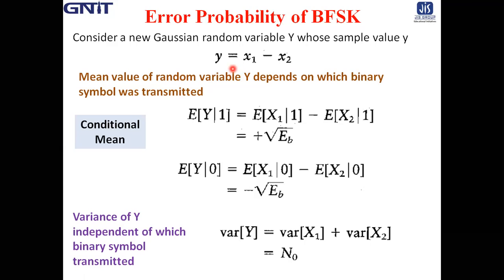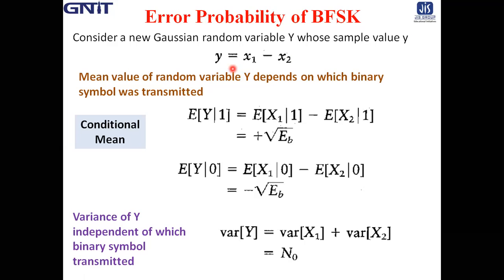Given that symbol 1 was transmitted, the Gaussian random variables x1 and x2, whose values are denoted by x1 and x2, have mean values equal to square root of EB and 0.